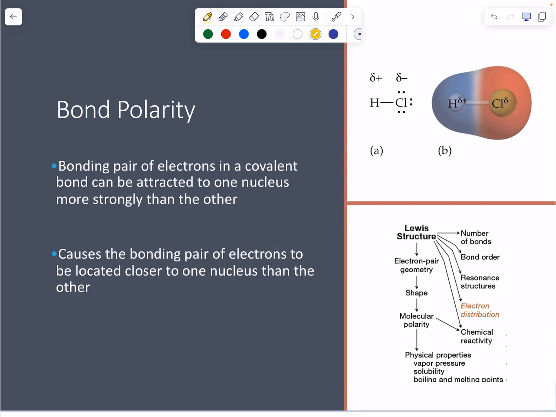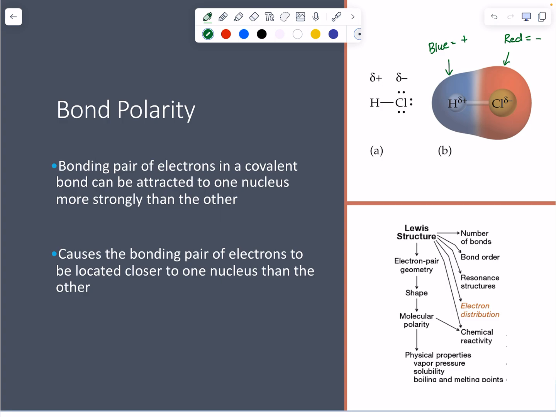So if we look at our hydrogen chloride that we said is a polar compound, we can look at that in terms of one of these surface representations of the molecule. Again, blue is positive and red is negative in our color scheme when we use these models.